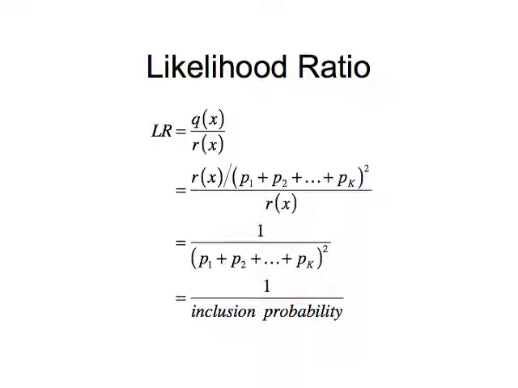Most importantly, that means that the prior probability R of x in the numerator and the denominator cancel. So moving on to the third line, we're left with 1 over the sum of the allele frequencies of the included alleles squared. Well, this is nothing more than 1 over the inclusion probability.